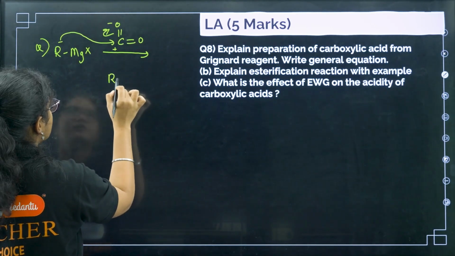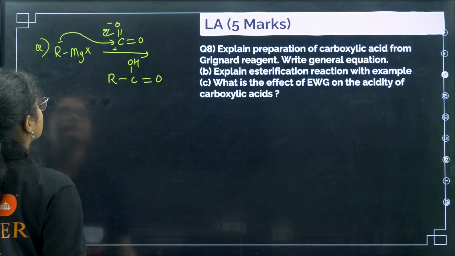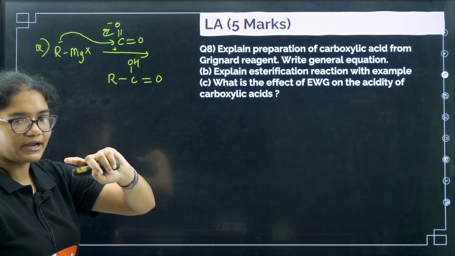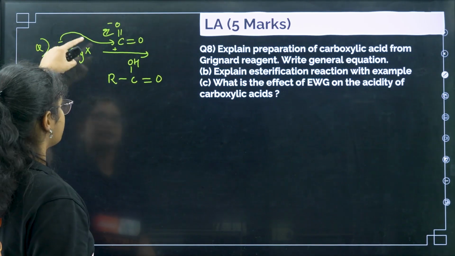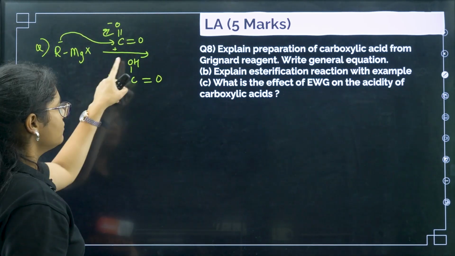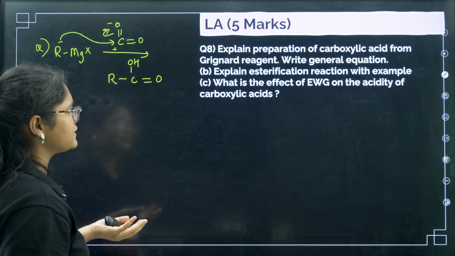So what will I get? RCOOH, with C double bond O. First you need to write the statement, that Grignard reagent reacts with carbon dioxide to give you carboxylic acid.